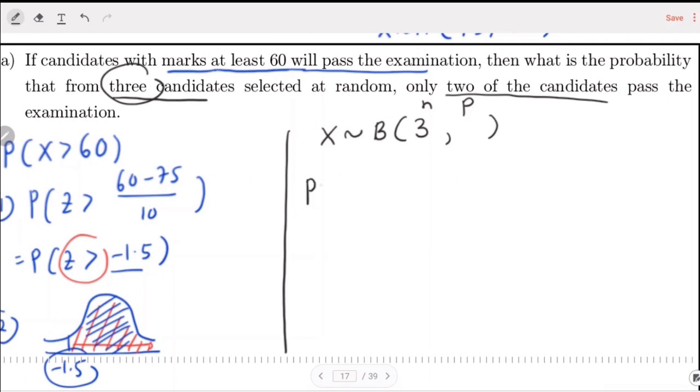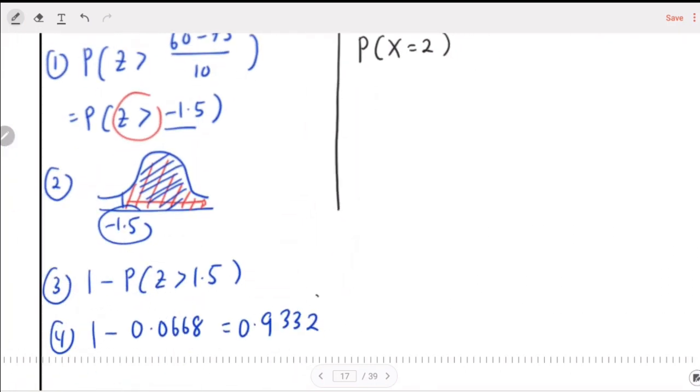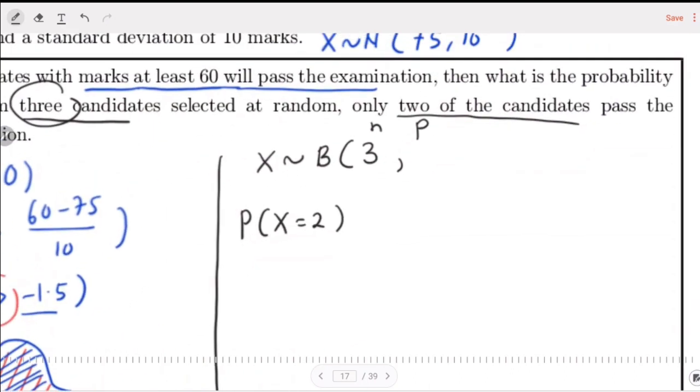So we'd like to find the probability that X equals 2. The probability for the candidates to pass the examination is 0.9332.